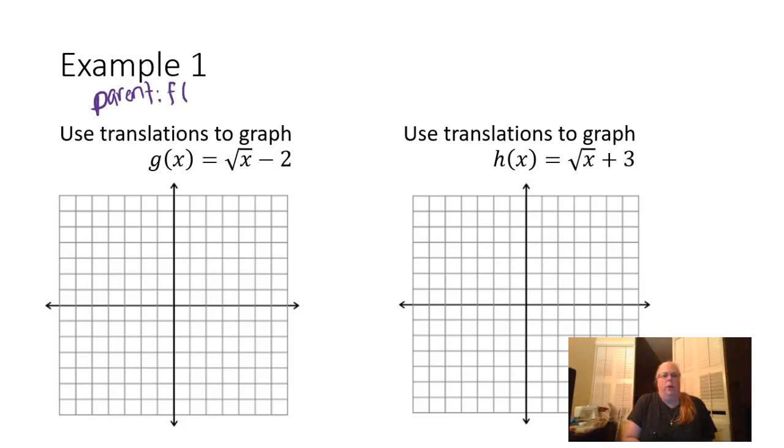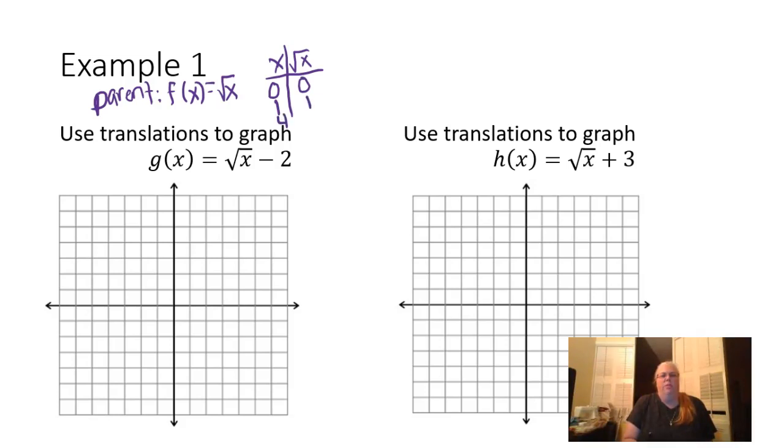All right, the parent function is the square root function. And I know that the parent function contains the following ordered pairs. When x is equal to 0, the square root of 0 is 0. When x is equal to 1, the square root of 1 is 1.